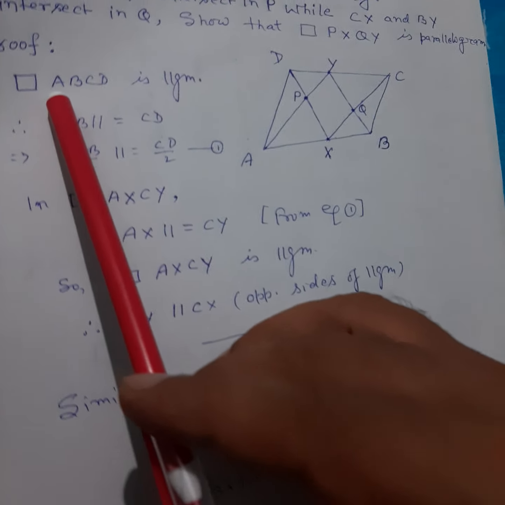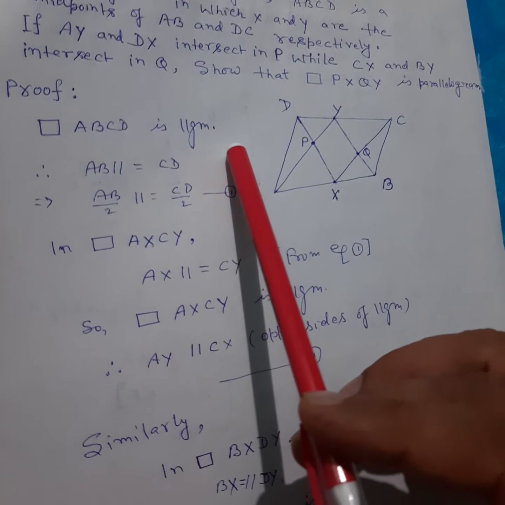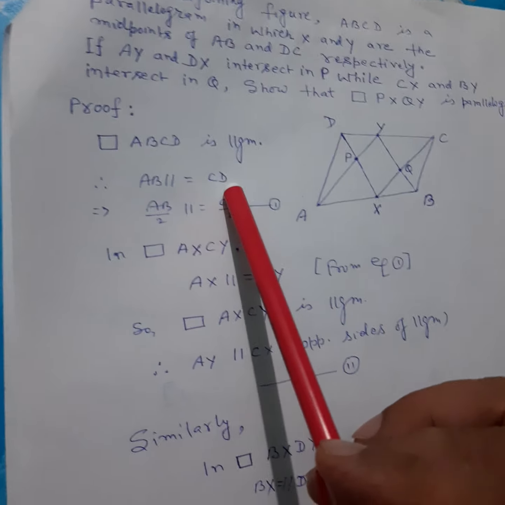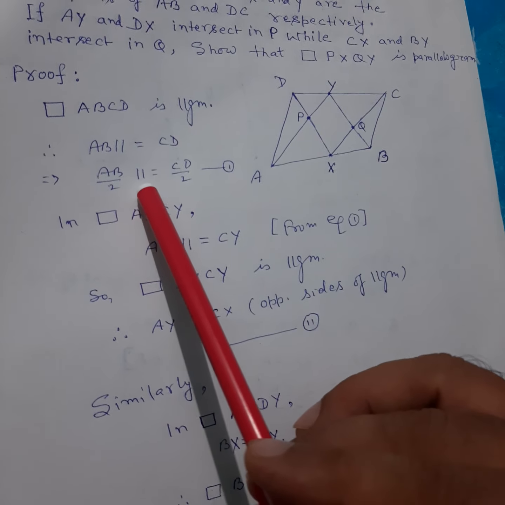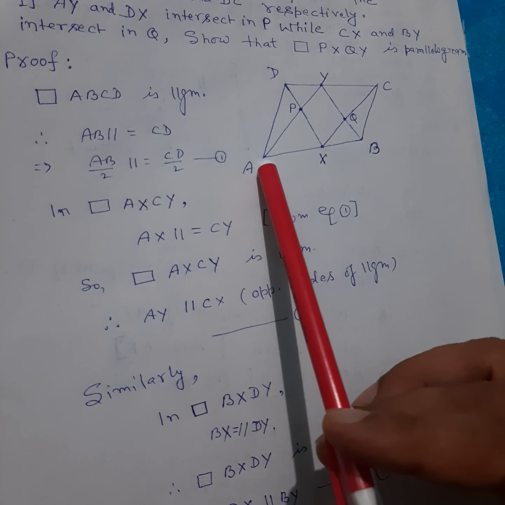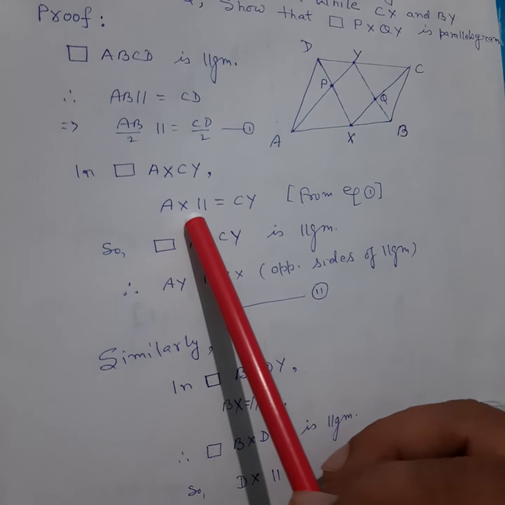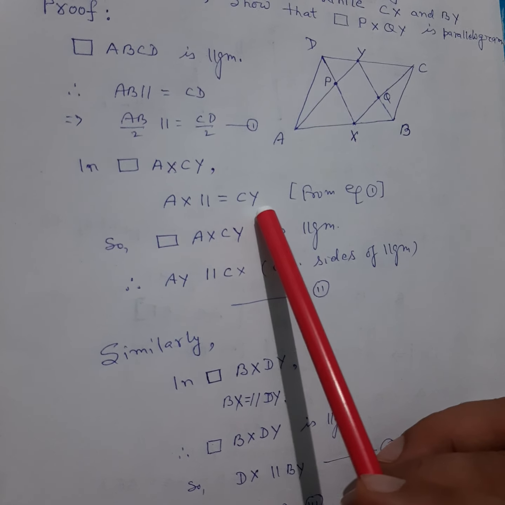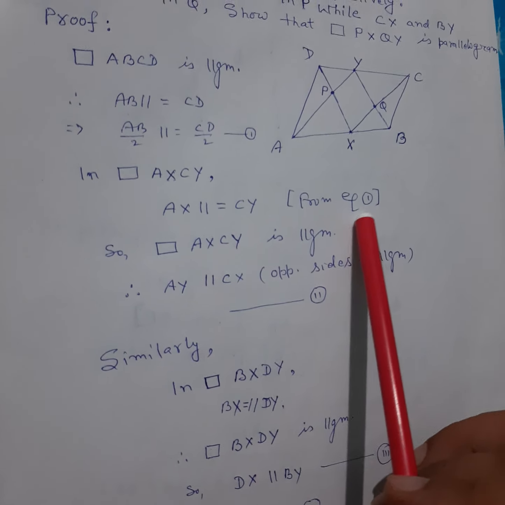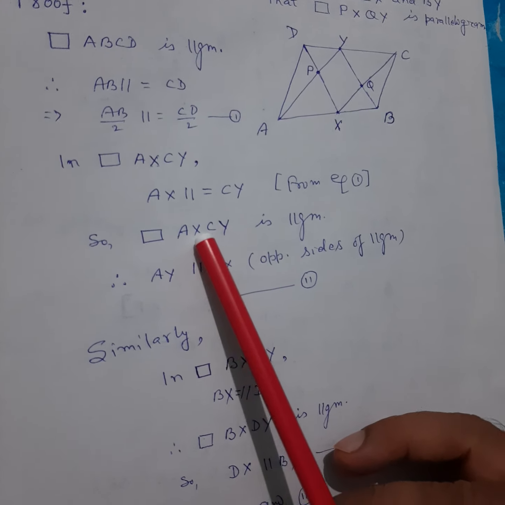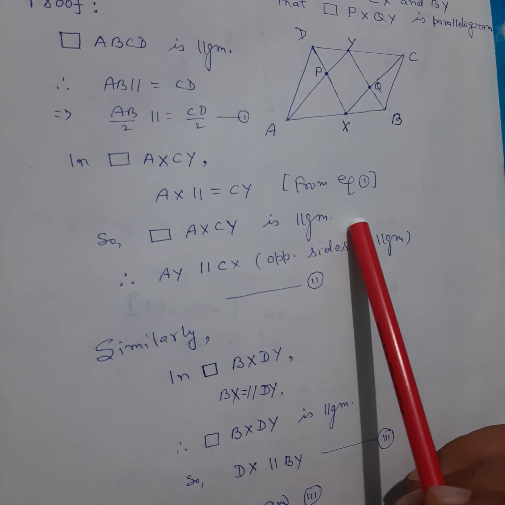Quadrilateral ABCD is a parallelogram, so AB is parallel and equal to CD, or AB by 2 is parallel and equal to CD by 2. Now in quadrilateral AXCY, AX is parallel and equal to CY, using equation 1. Therefore, quadrilateral AXCY is a parallelogram.